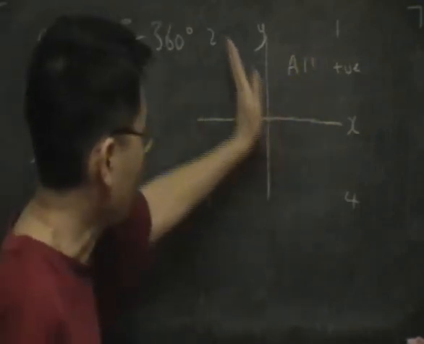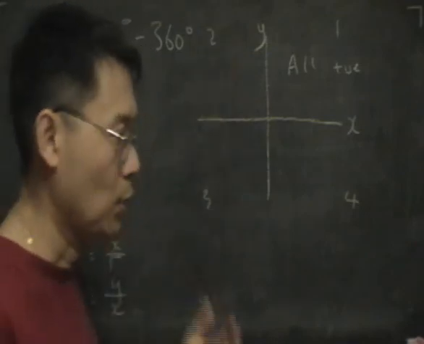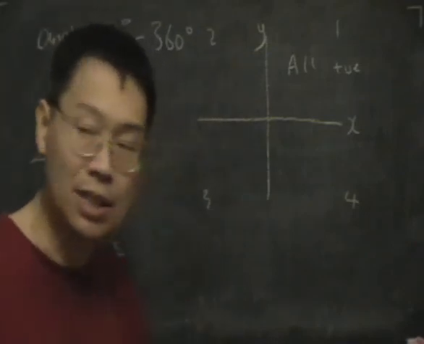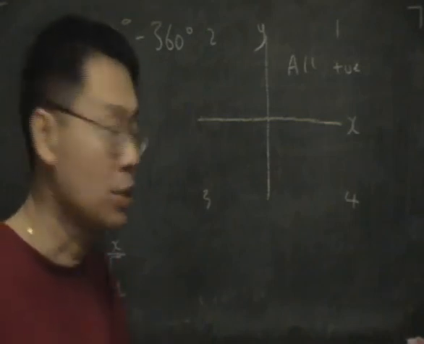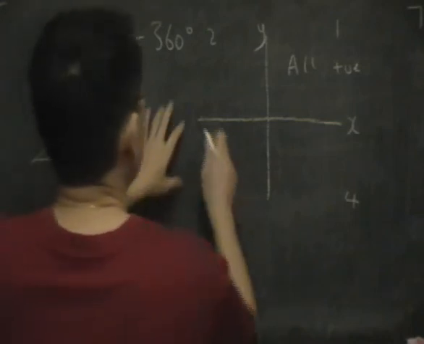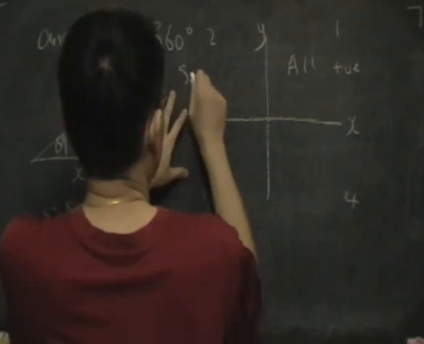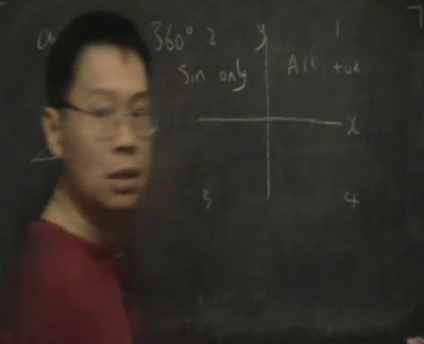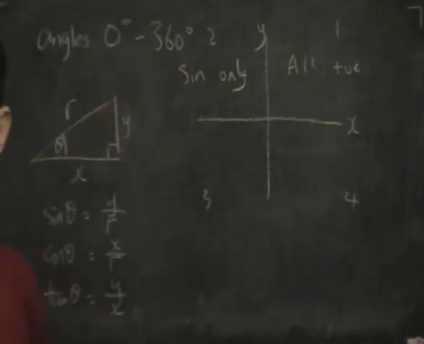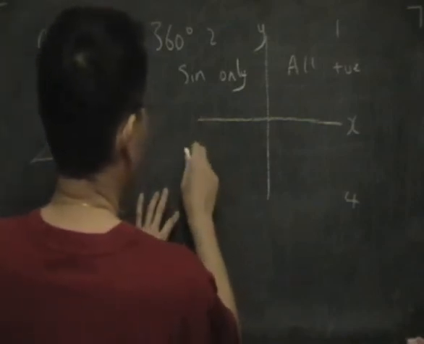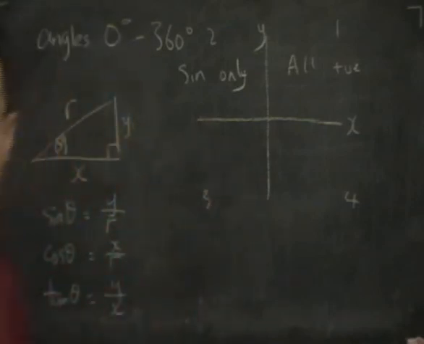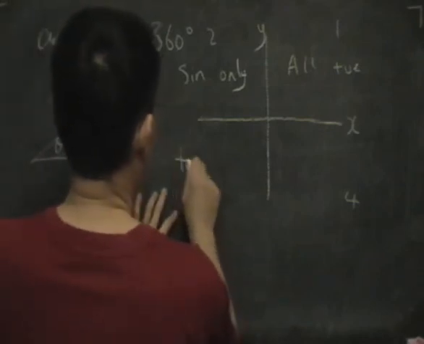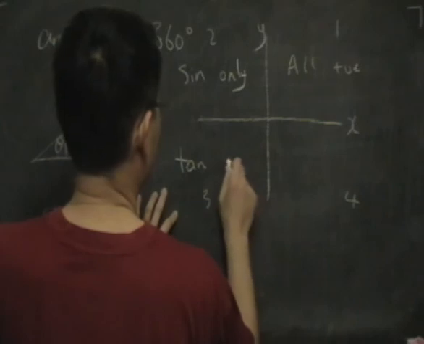Now if the angle is in the second quadrant, meaning an angle between 90 and 180 degrees, then only the sine is positive. If we have an angle that is in the third quadrant, only the tangent is positive.